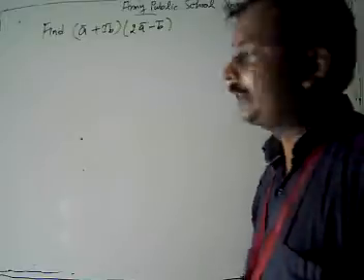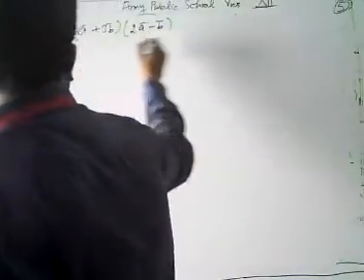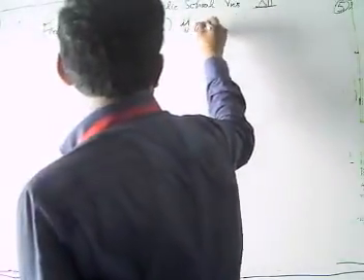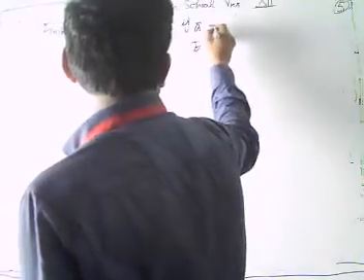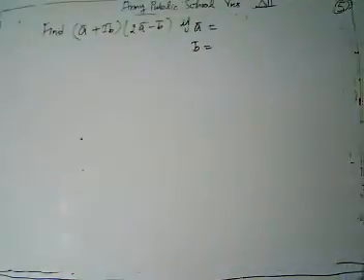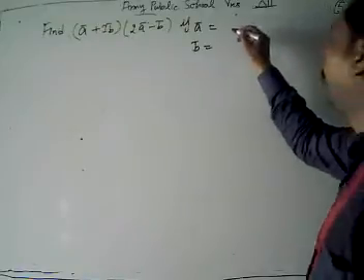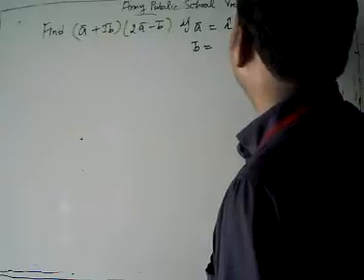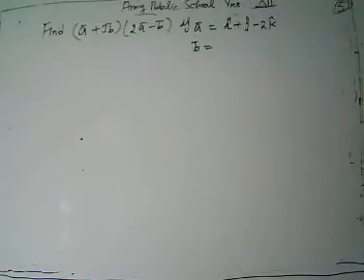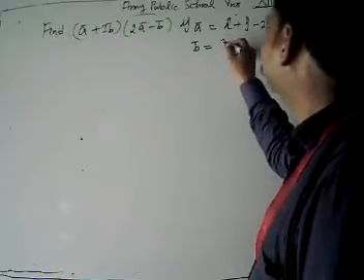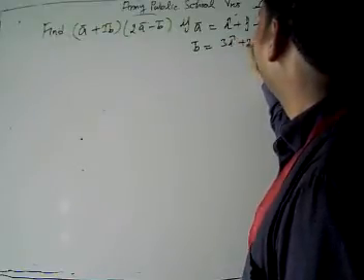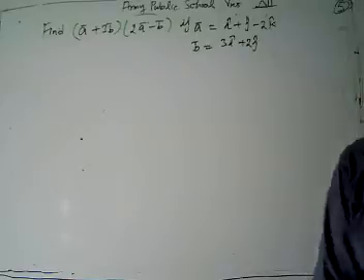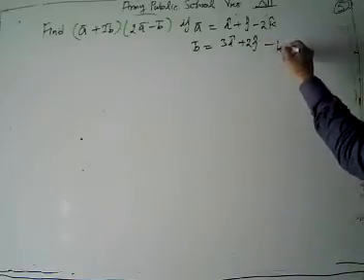Given that vector a is i cap plus j cap minus 2 k cap, and b is 3 i cap plus 2 j cap minus k cap.